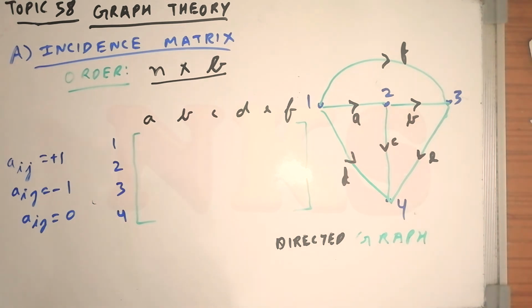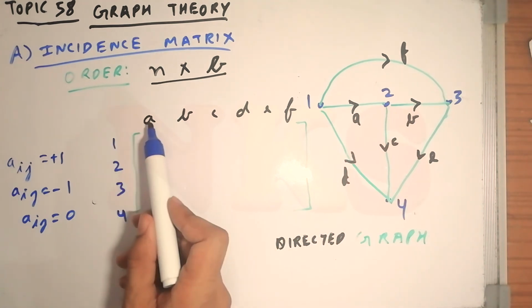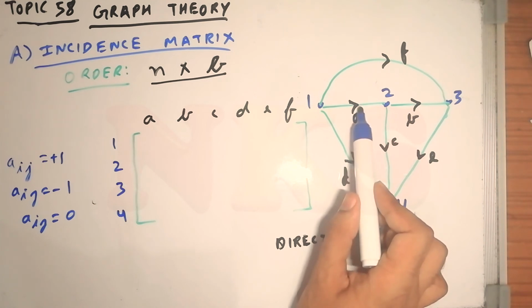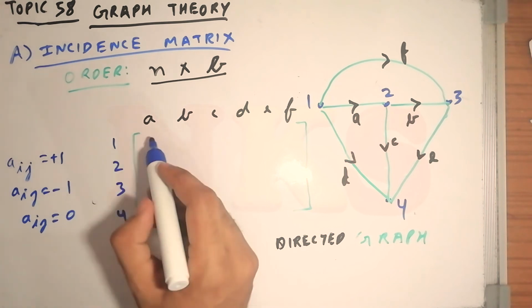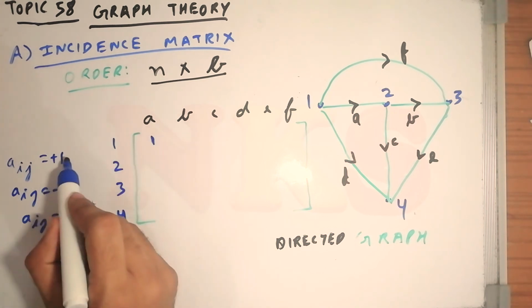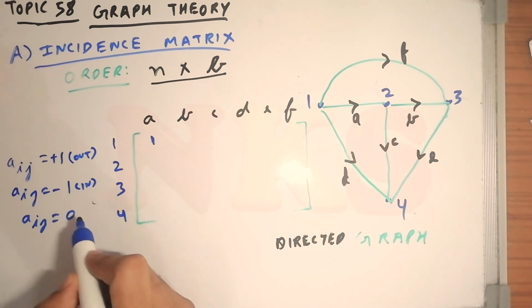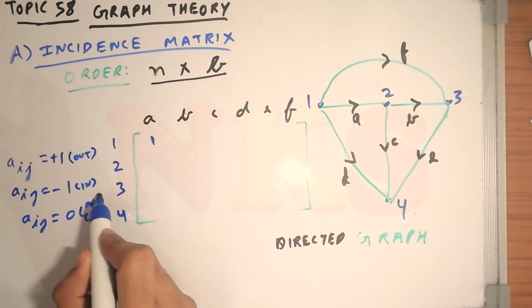Okay, so now let me put the entries. 1a, that is the first node and branch a. So the first node is this and branch a is this. So branch a is going out of this first node. So for out I have +1. Okay, I will write it down. Out, in, no connection. That is the logic.